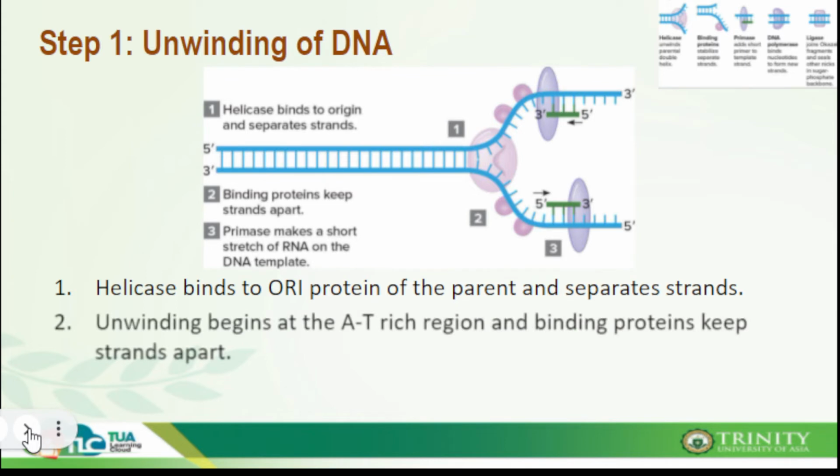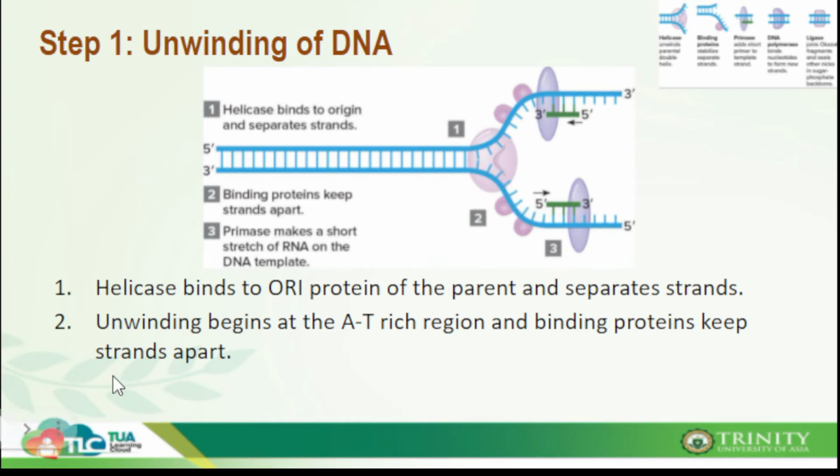So it will look for areas that are rich in A and T, your adenine and thymine base pairs, and those two strands that will be produced will be stabilized by your binding proteins. So these structures here, those are your binding proteins which keep the single-stranded DNA separated or set apart. So what does that again? Your binding protein. What opens it again?